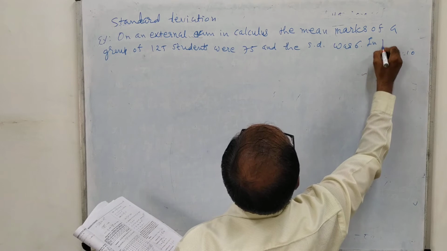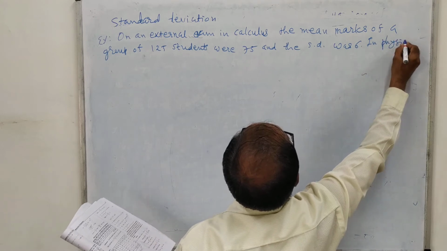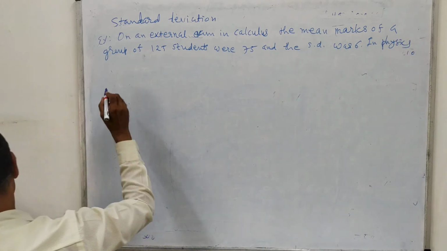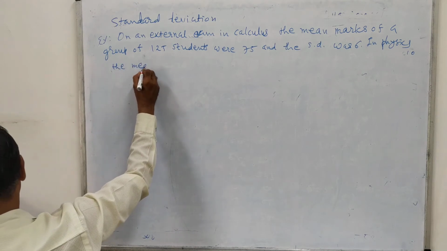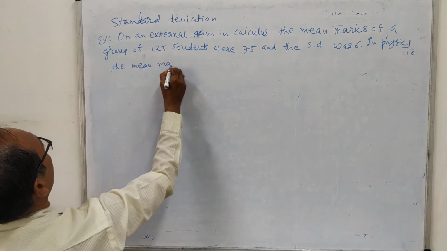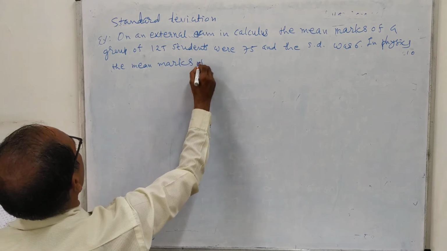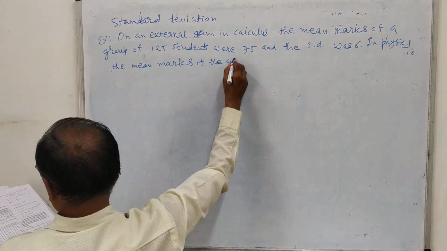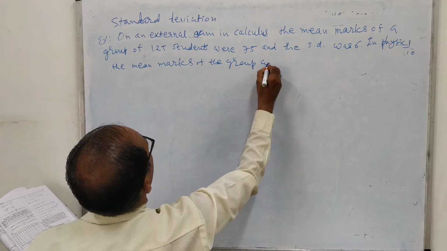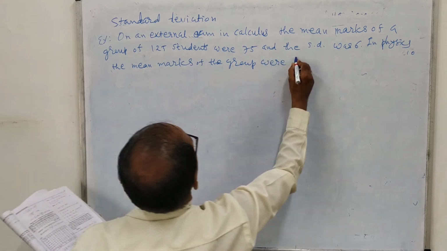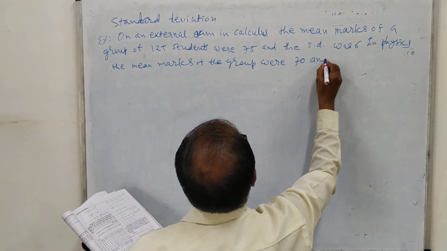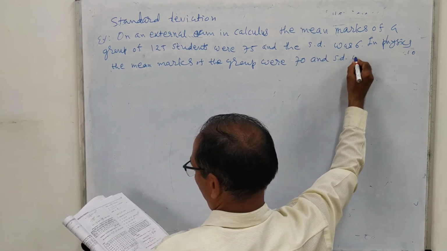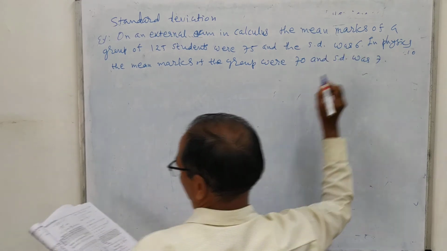In another subject, that is physics, the mean marks of the group were 70 and standard deviation was 7.